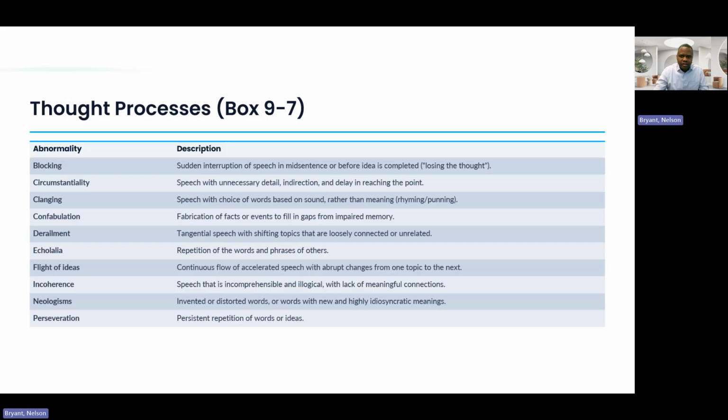Another one is neologisms. That's also most common in patients, for example, with schizophrenia, inventing some words which do not exist. And these are just reminders to show some of the abnormalities which show up in patients with thought process deficiency.